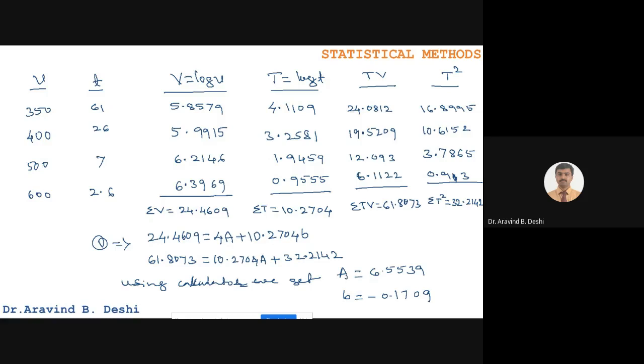But we want small a, and we know the relation a equal to e to the power capital A. So a equal to e to the power 6.5539, which gives a value of 701.9766.